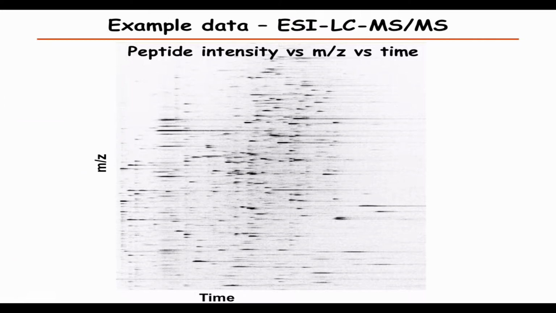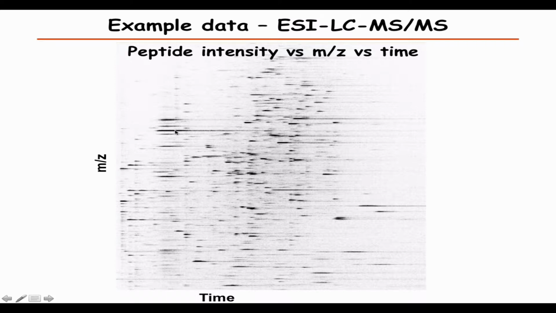So there are different ways to show this. This now represents an LC-MS run where we have time on the x-axis and mass to charge on the y-axis. And then we see that we have a lot of these spots that correspond to peptides.